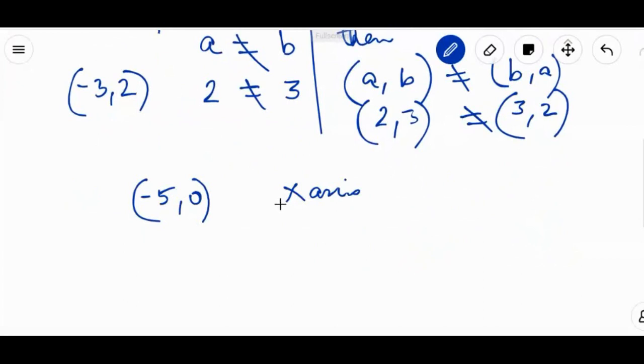So this statement is true. Then they say every point on x-axis is of the form x comma 0. Every point which is on x-axis is of the form x comma 0. Yes, ma'am, it is correct. So the first one is also correct. Second one is also correct.